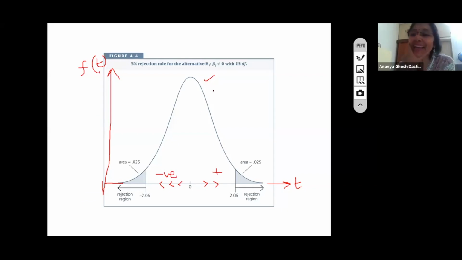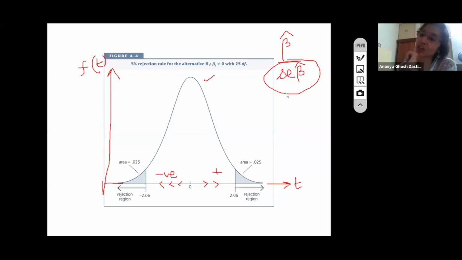So look at our t-stat. How is it derived? Our t-stat is basically beta hat upon the standard error of beta hat, right? Now, what is the standard error? The standard error is a positive square root of an estimated variance, so it can never be negative.